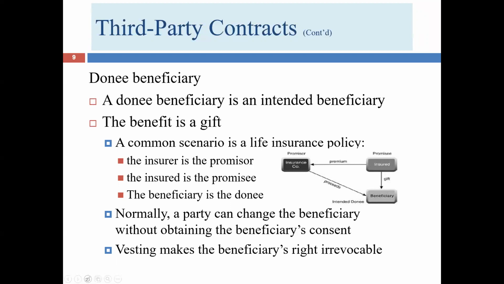The life insurance company says, well, send us a copy of the death certificate. So the widower sends a copy of the death certificate. Everything seems legit. The life insurance company says, well, you know what? The insured, your late wife, was the promisee. She was in privity with us. We had a contract, and she paid all those premiums in. She made the promise to pay.